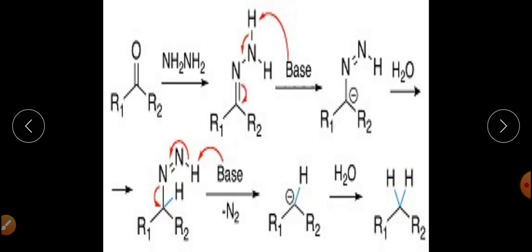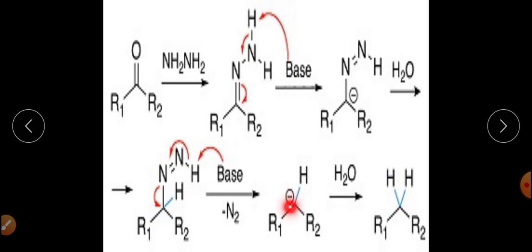Now base will again react with the hydrogen which is attached to the nitrogen, and when it abstracts the H positive, the electron pair between nitrogen and hydrogen will move to form N≡N, with migration of this bond to the carbon to form a carbanion, and molecular nitrogen will be eliminated.